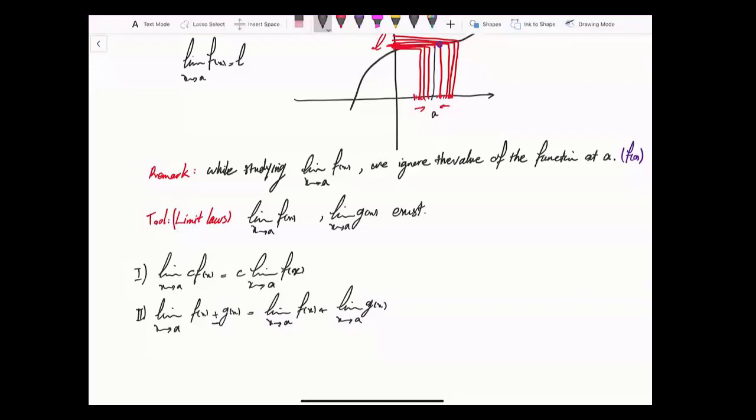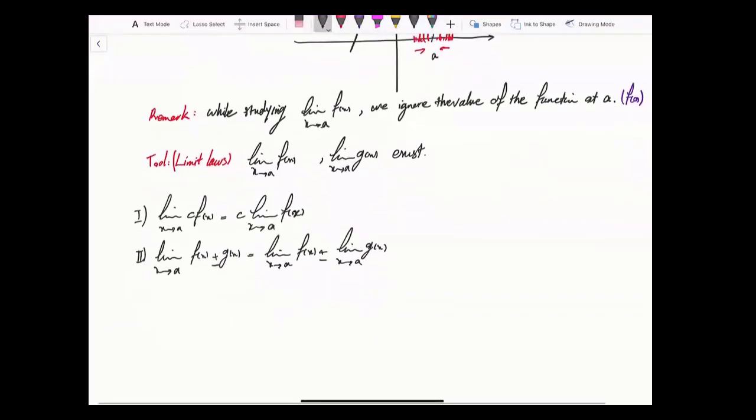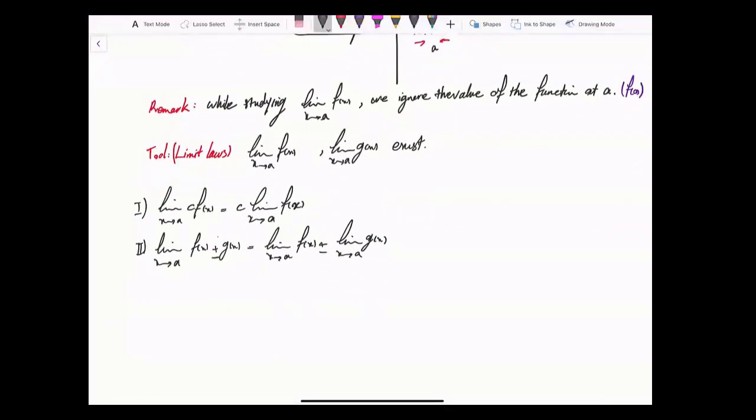The same goes with the minus sign, subtraction, and the same goes with the product. So that's the product rule. There's product, sum and differences.